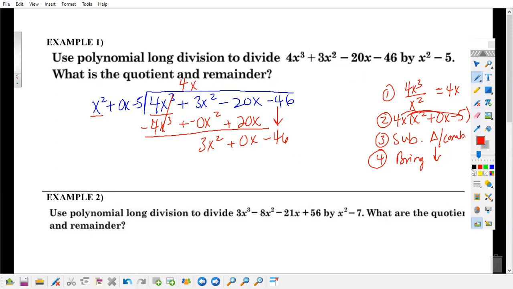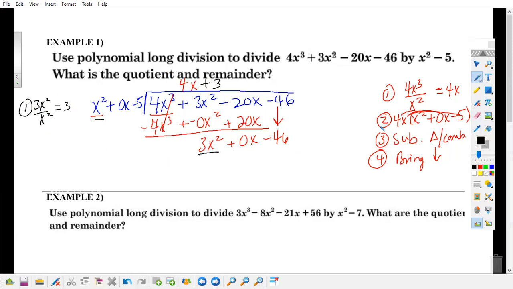All right, so I'm like, oh, well, looks like I can divide again. So this is now my new first term. This is still my divisor. So we have 3x squared divided by x squared. That's what you're asking yourself in your brain: what is 3x squared divided by x squared? 3. So the next part of my quotient is a positive 3.